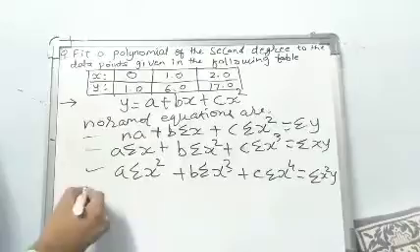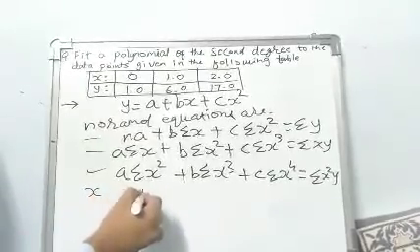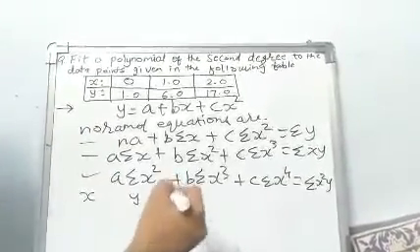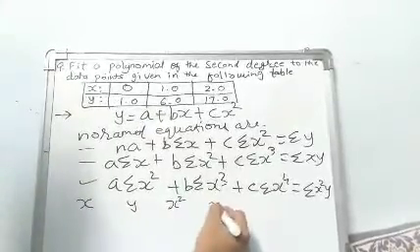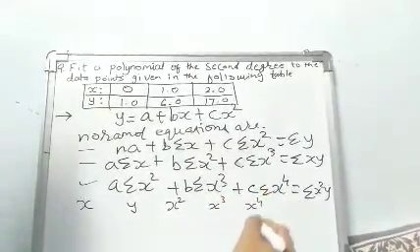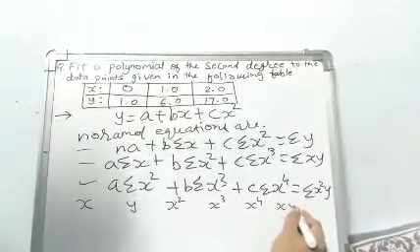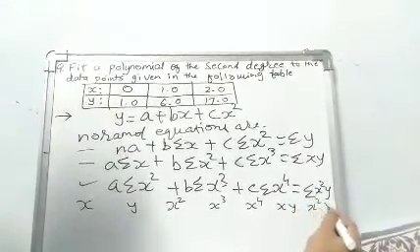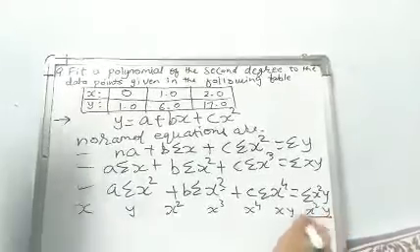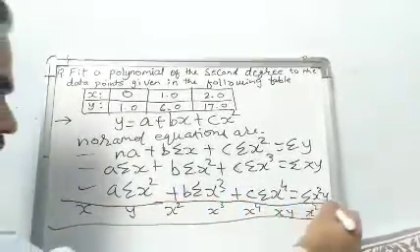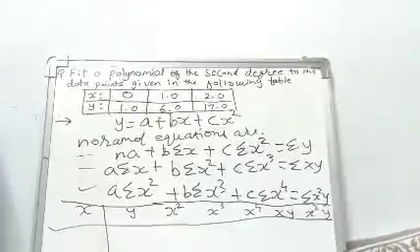First is the value of x, then y, x square, x cube, then x raised to 4, then xy, and the last one, x square y. We will be calculating all these values.